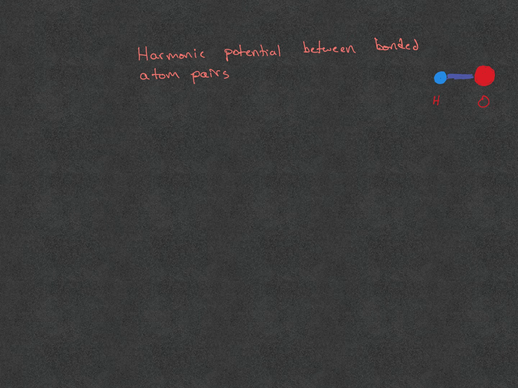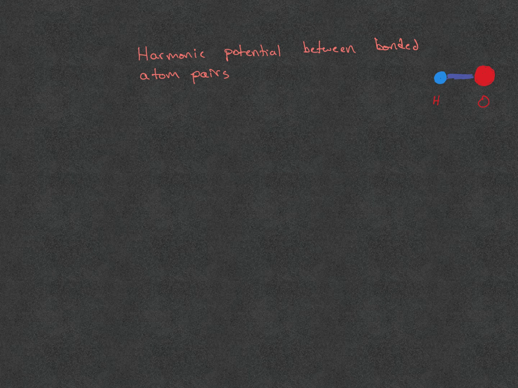And sort of this average interaction, that accounts for all of those different microscopic, Coulombic interactions between all the charges, etc., we model with a potential called the harmonic potential.